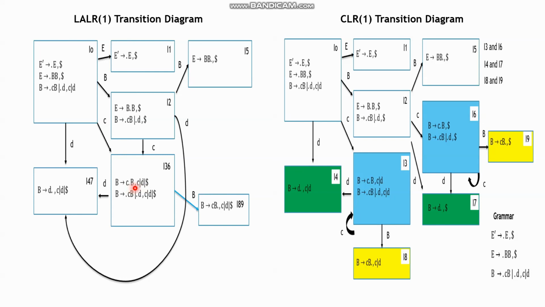For example, the production is still the same like the CLR1 transition diagram, but the only difference is that we merged the lookaheads into a single production. This helped us to eliminate states 6, 7 and 9 from our CLR1 transition diagram. This diagram is less complex as compared to the CLR1 transition diagram.